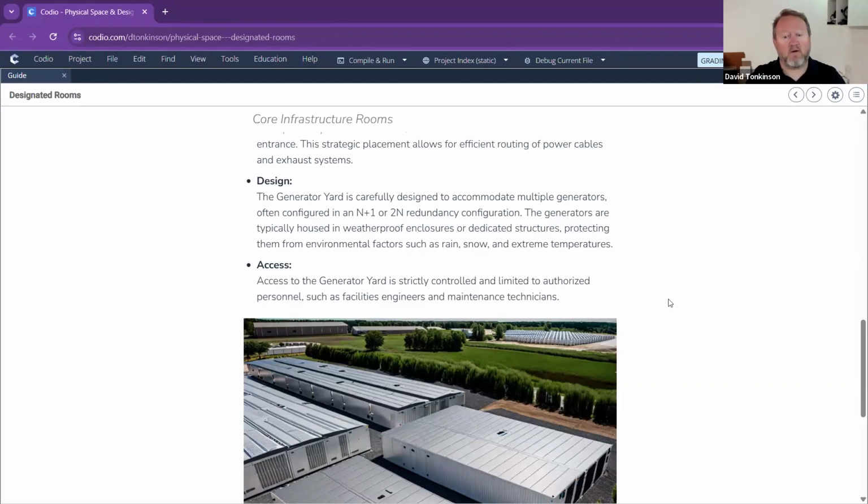But if you're running 2N, the whole idea is if one entire set goes down, you've still got a set running. So 2Ns are normally totally separate locations for those generators, not next to each other, totally separate locations in that building design. But you've got to consider that both locations need to be fairly close to your main engineering electrical room.